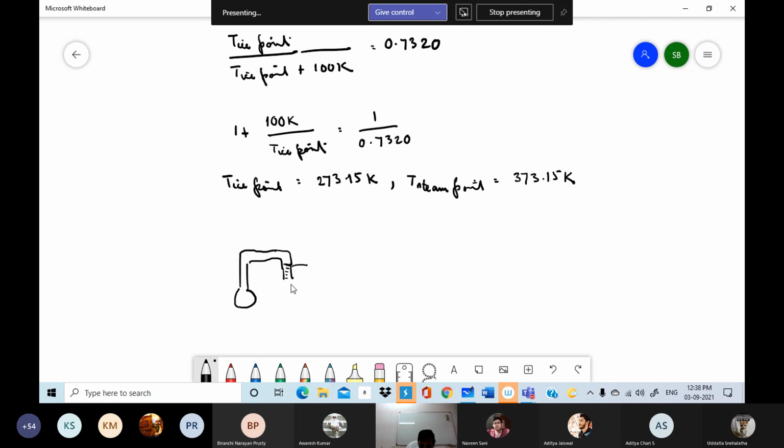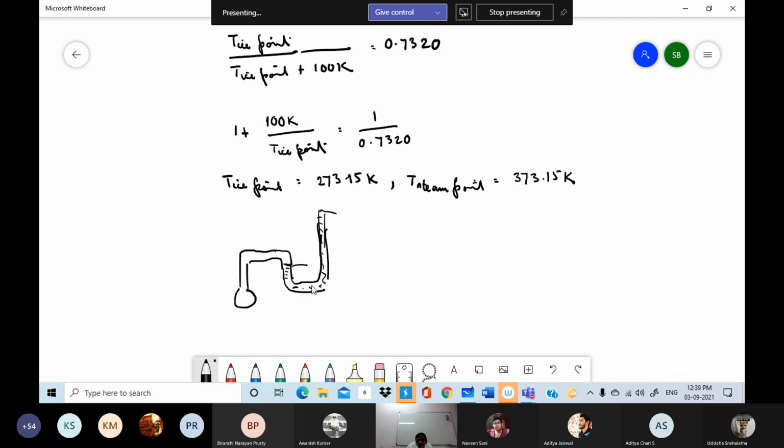As I change the temperature, the pressure goes up. Accordingly, I add more mercury to balance the pressure.